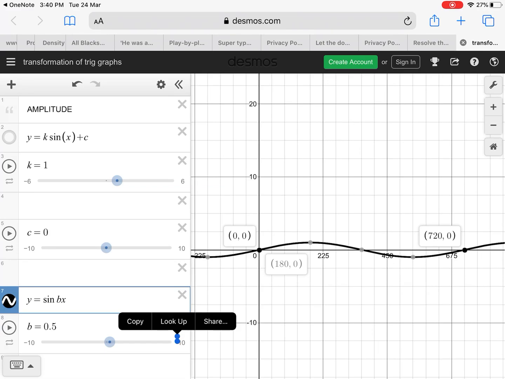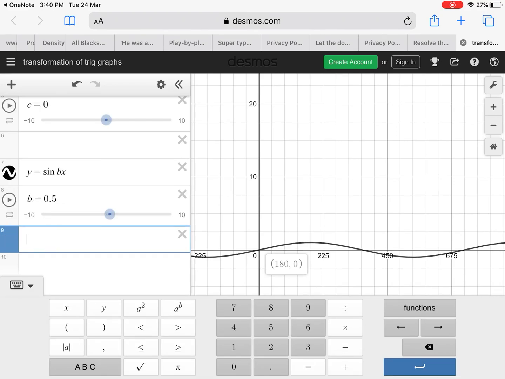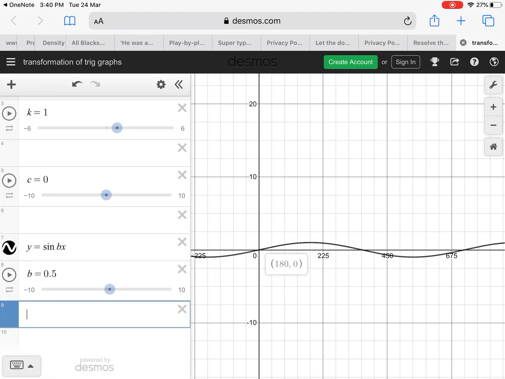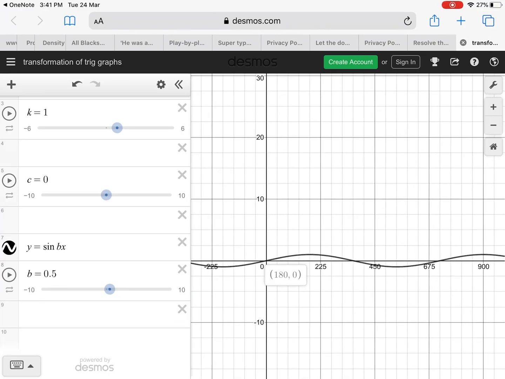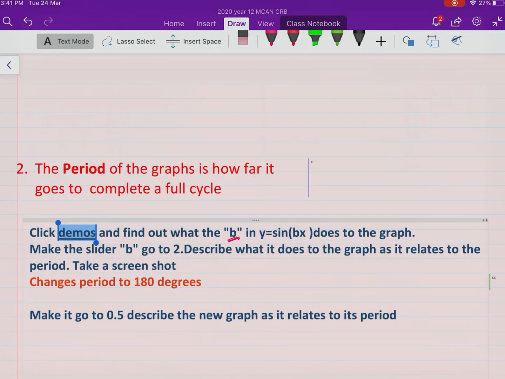So when b is 0.5, the period is 720. Well, 360 times 2 is 720. So when b is a half, basically, we've doubled the period.